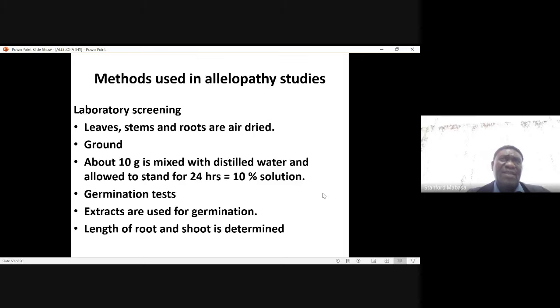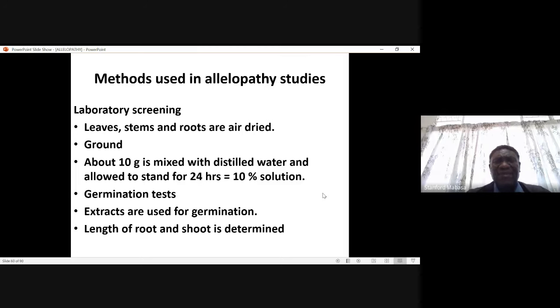Allelopathy can be examined in 3 stages. You can start with the laboratory study, then you do a glasshouse study, then a field study. And you can test these allelochemicals in these 3 stages.